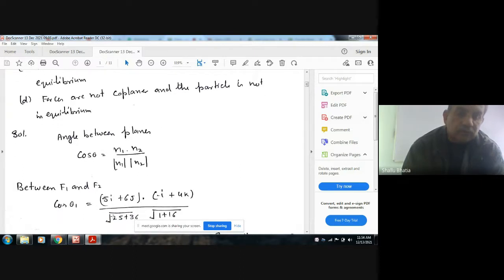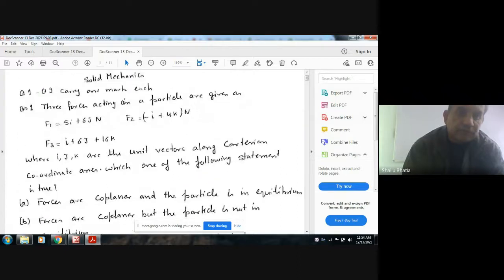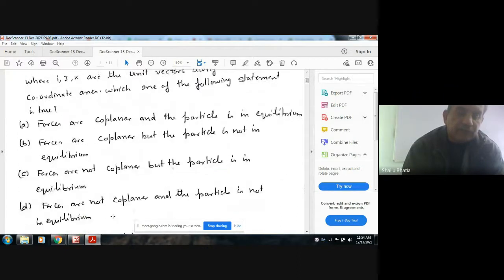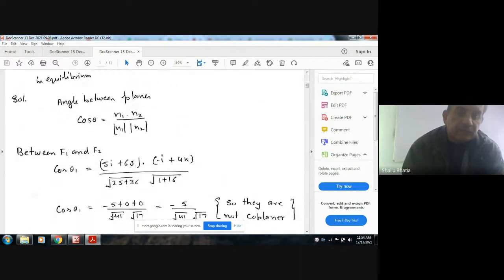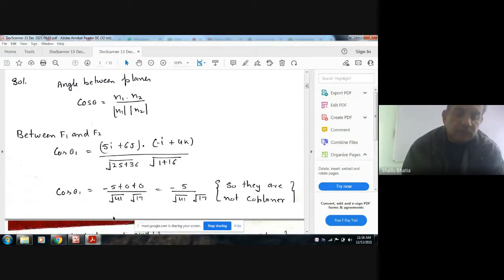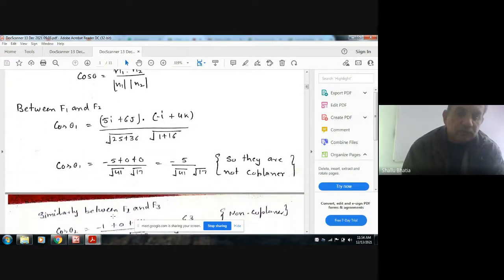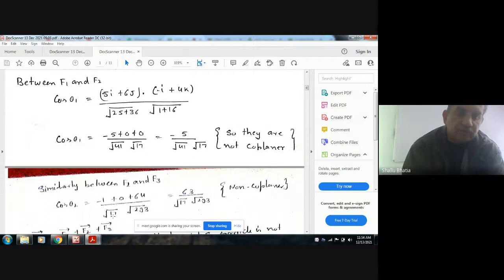So if we check the first two vectors, that is F1 and F2, then we can find the angle between them by the dot product: (5i plus 6j) dot (minus i plus 4k) divided by root of 25 plus 36 times root of 1 plus 16. Okay, so from this we have cos theta 1 is equal to minus 5 over root 41 and root 17.